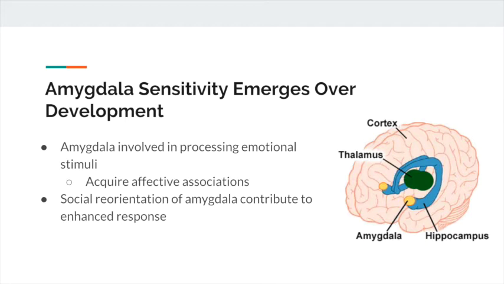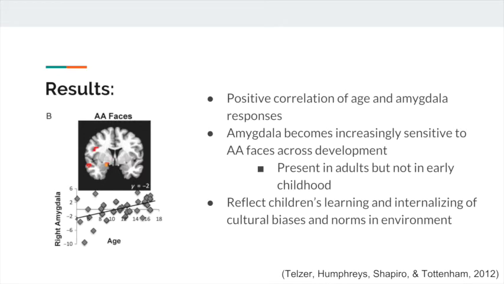"These social reorientations of the amygdala, along with the development of cognitive skills and the increasing salience of race, may contribute to an enhanced amygdala response to race." This graph shows a positive correlation of age and amygdala responses. Results confirmed that the amygdala becomes increasingly sensitive to African American faces across development, and that adults' heightened amygdala activity to African American faces did not appear in early childhood.